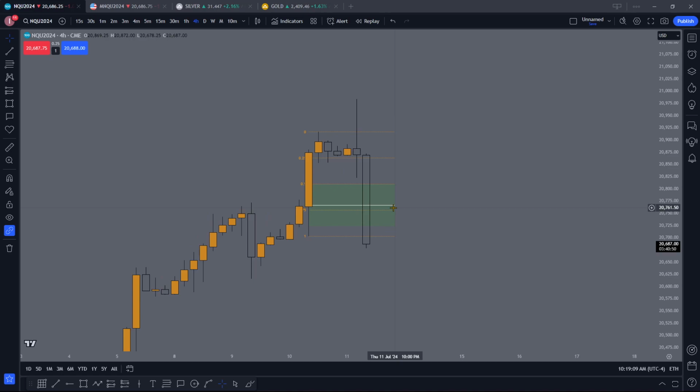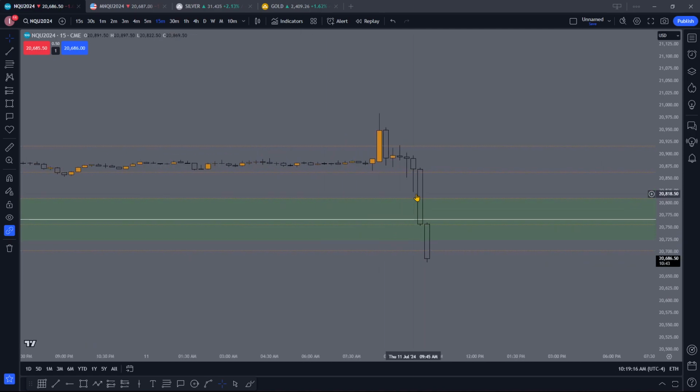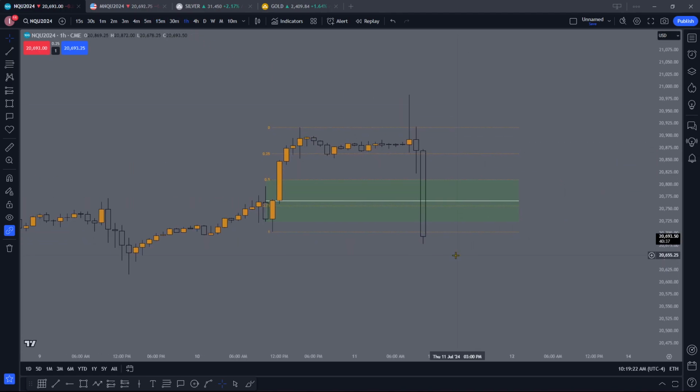Okay, so we're displacing really heavily. We just took range low. Lower time frame assessments did not prove that we're gonna stop and reverse here and go to range high.